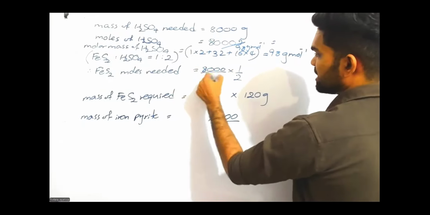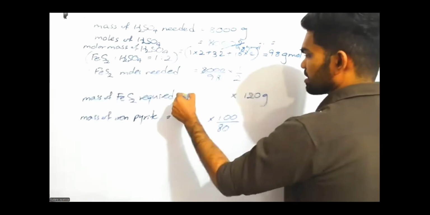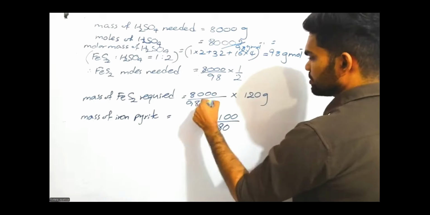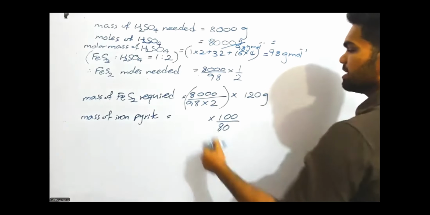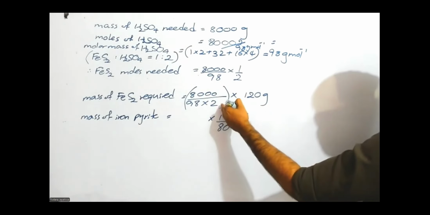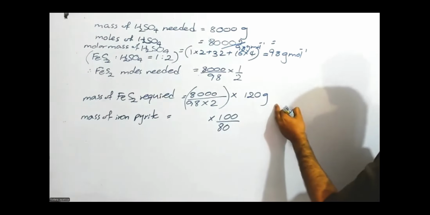8,000 divided by 98. Then 8,000 divided by 98 into 2. That will be multiplied by the number of moles, no? Number of moles of FeS2. So this is the mass of FeS2 required.